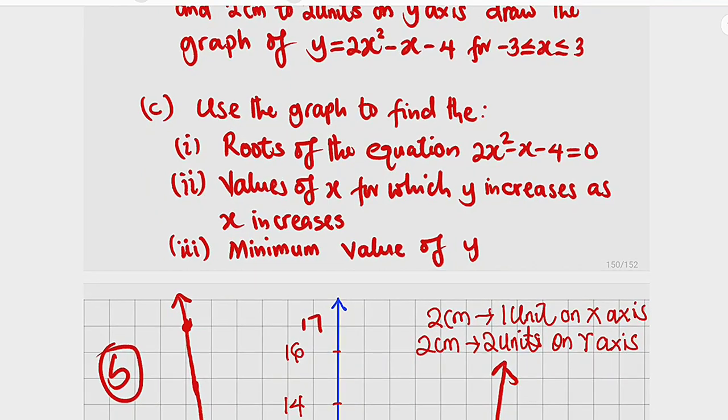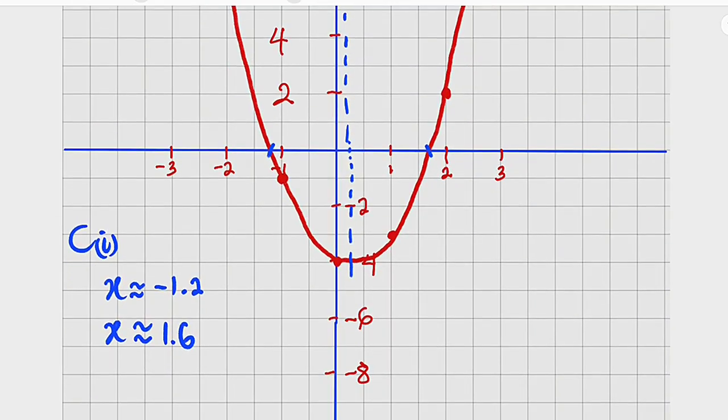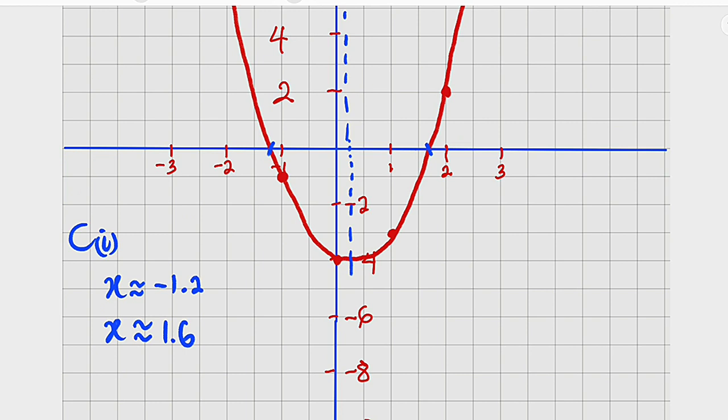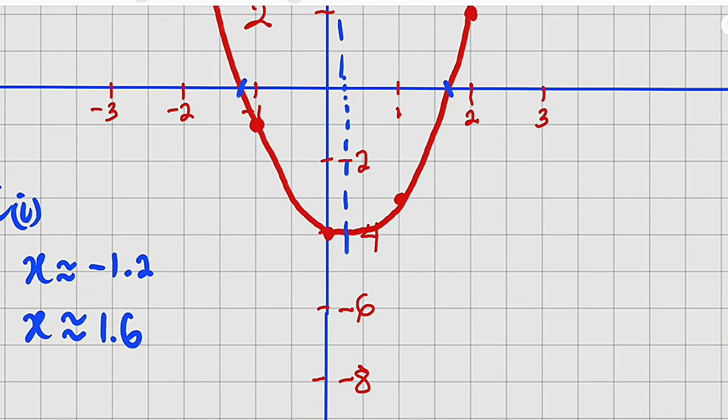Then the last question here, they say we should find the minimum value of y. It is exactly the point where the parabola takes a turn. The corresponding value of y at that point is said to be the minimum. We cannot actually read exact values here, but we know it should be less than -4 because the curve will turn down here. We know it passes through -4, but that -4 cannot actually be the minimum.